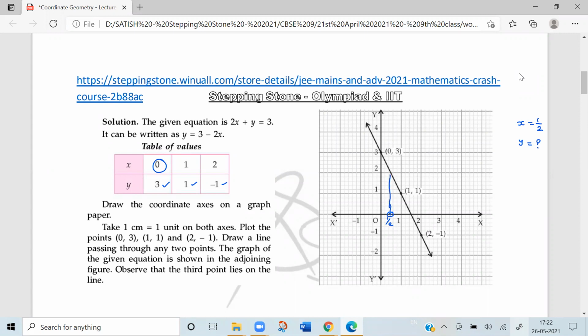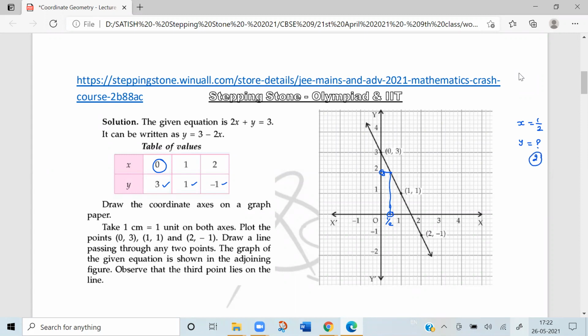And wherever it meets the line, from that point, you draw a horizontal line. It is parallel to x-axis or perpendicular to y-axis. Now, where it is intersecting is at 2. That means y value is 2.